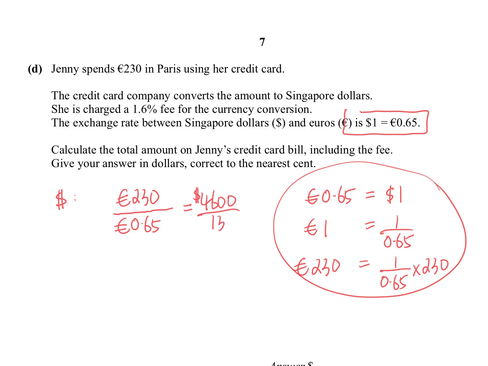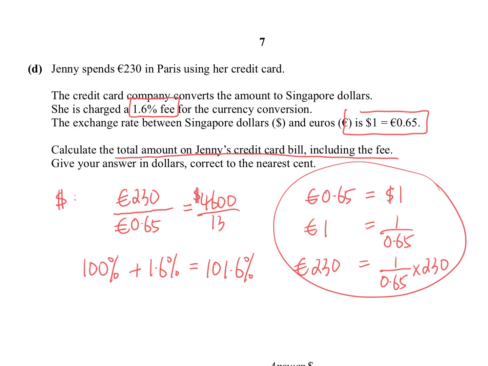So this is the amount in Sing dollars, and then they are going to charge me a 1.6% fee. So I want to find the total amount including the fee, right? The original is 100%. I want to add the 1.6% of my fee, so it's 101.6%.